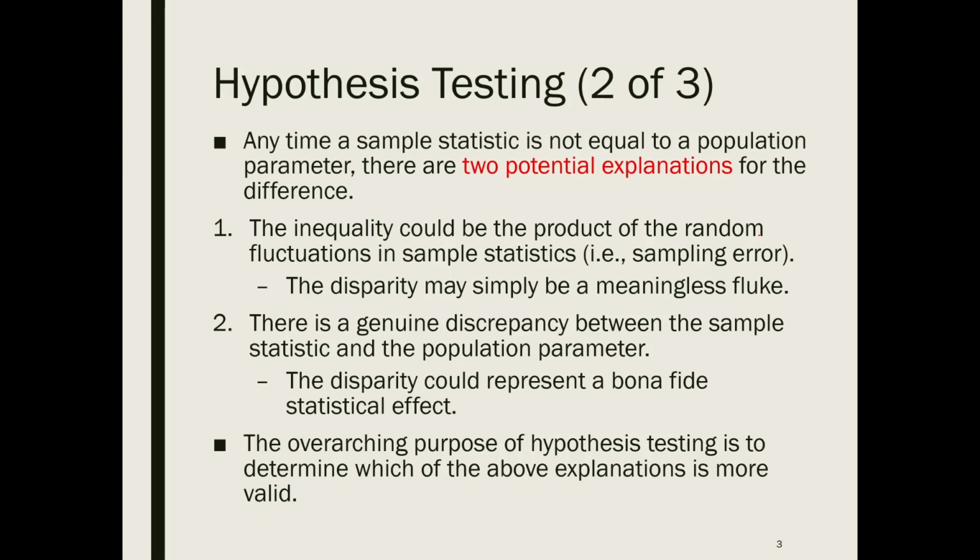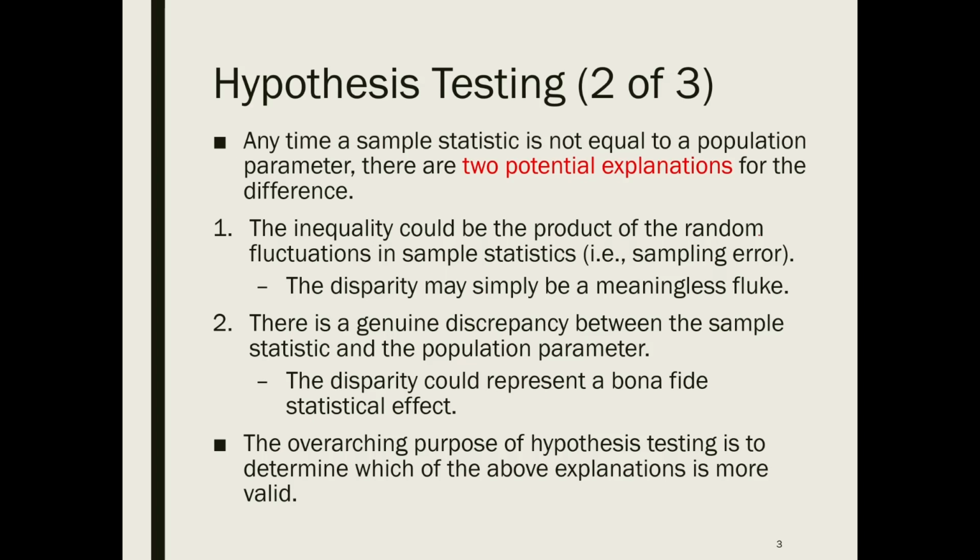Now, every time we see that a sample statistic is not equal to a population parameter, or there is a difference, the difference basically comes from two potential explanations. In order to pick which explanation, we have to run some statistical analysis.